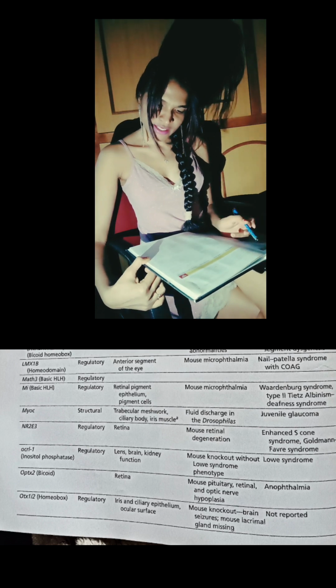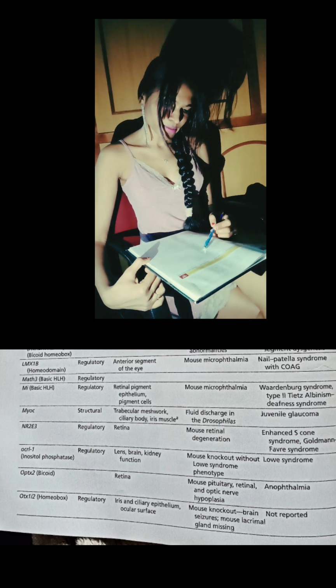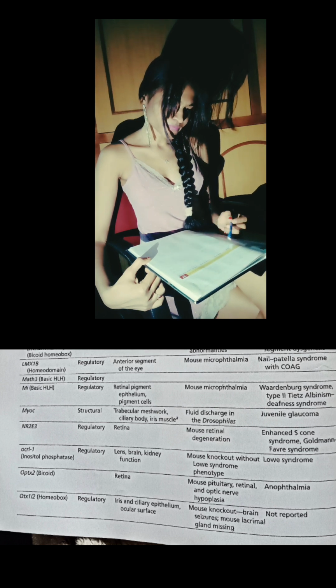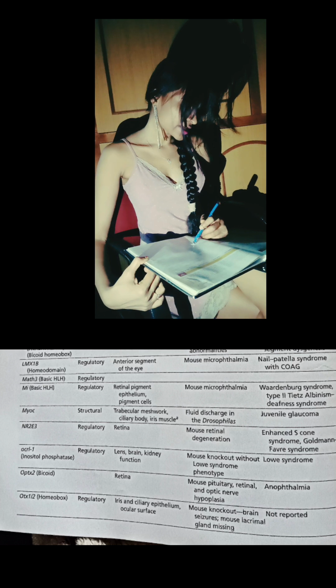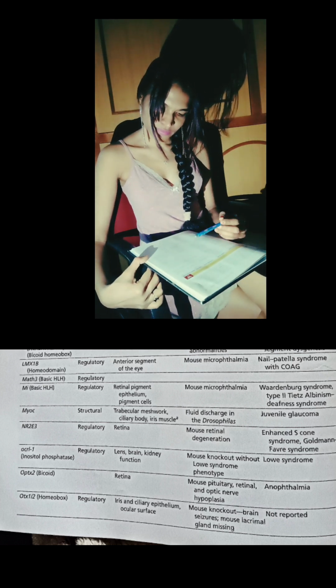Gene LMX1B, homeodomain, regulatory, tissue expression anterior segment of the eye, animal model, mouse microphthalmia, human disease Nail-Patella syndrome with COAG, that is chronic open angle glaucoma. Gene MATH3, basic HLH, its function is regulatory.